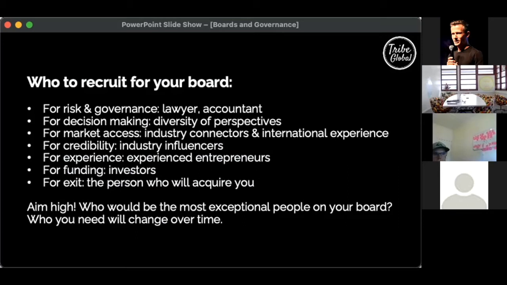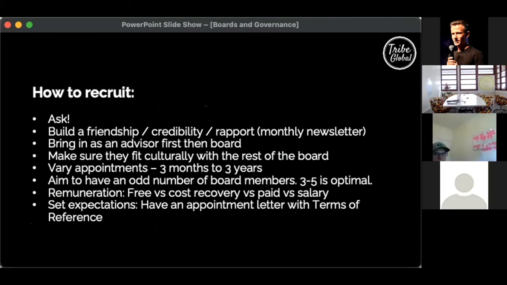So when you look at these categories, it's really just a lens of thinking, what are all the aspects of advice, market access, credibility? What are all the intangibles I need to present to the market so that I can grow in the direction I want to grow? The next bit then becomes, okay, so we know we need a board. We understand the virtues of why.